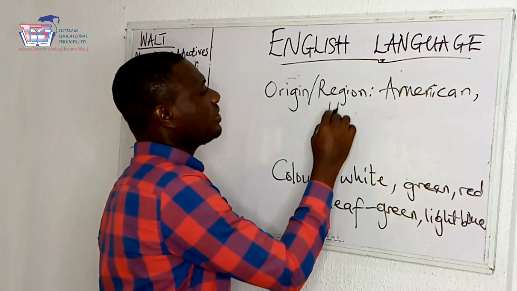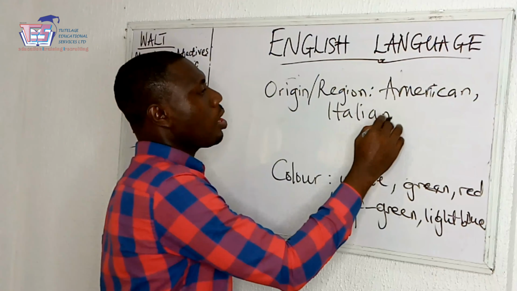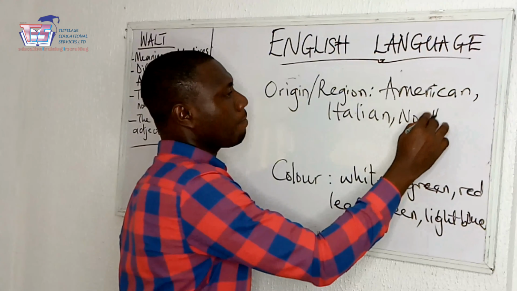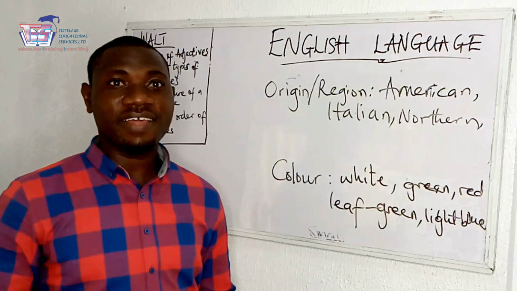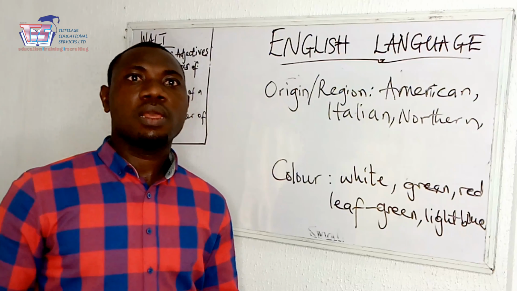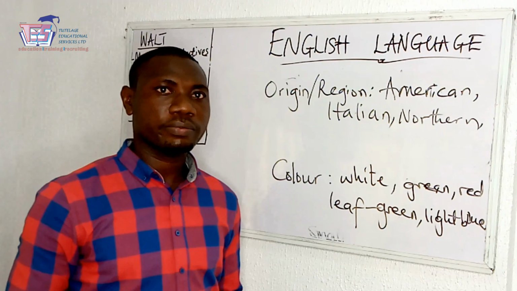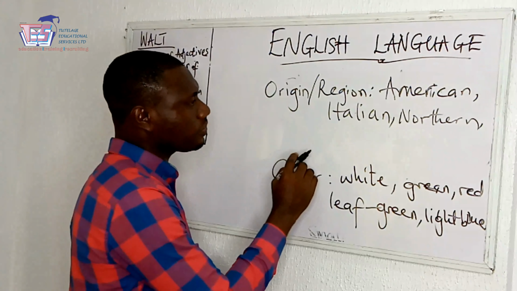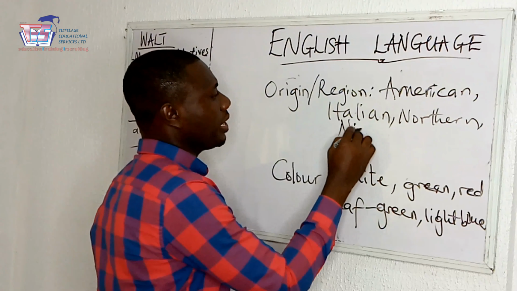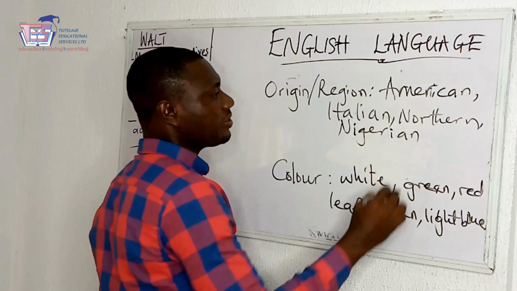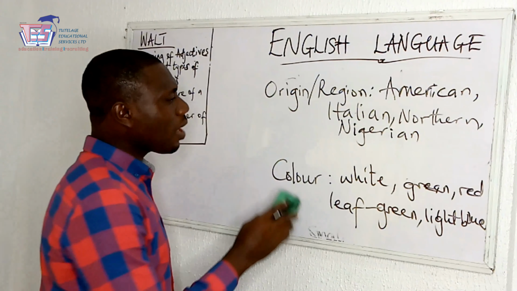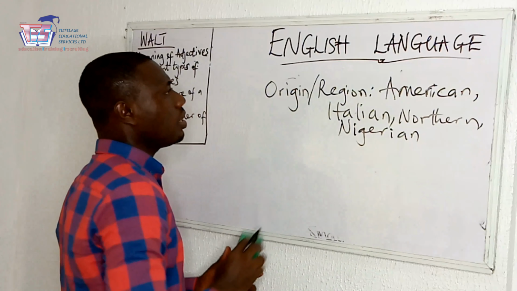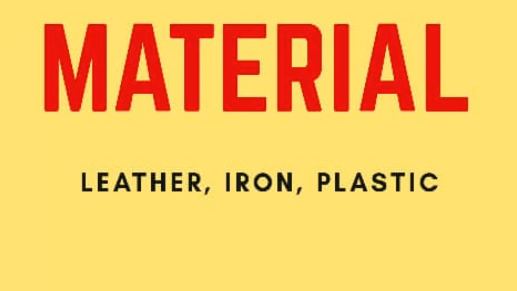We're talking about Italian. We're talking about northern, southern, eastern, western, and so on. We're talking about Nigerian, for instance.